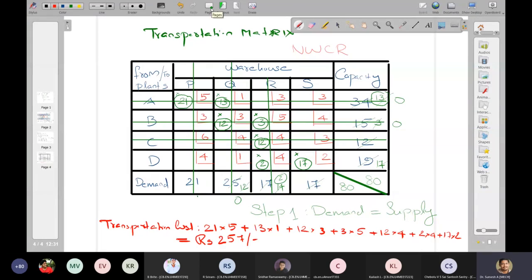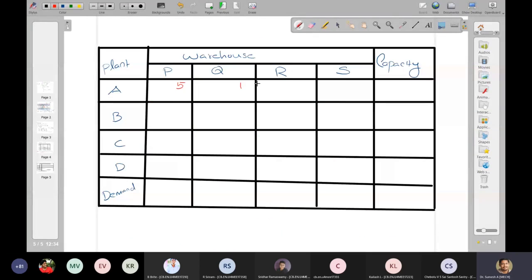Right? Any other doubt? Okay, I'll solve the same problem by using the least cost method. So again, the same problem. We have 4 plants A, B, C, D and warehouses P, Q, R, S. Cost of moving one item from plant A to warehouse P is 5. AQ is 1, AR is 3, AS is 3. Again, the same values: BP is 3, next is also 3, next is 5, next is 4.